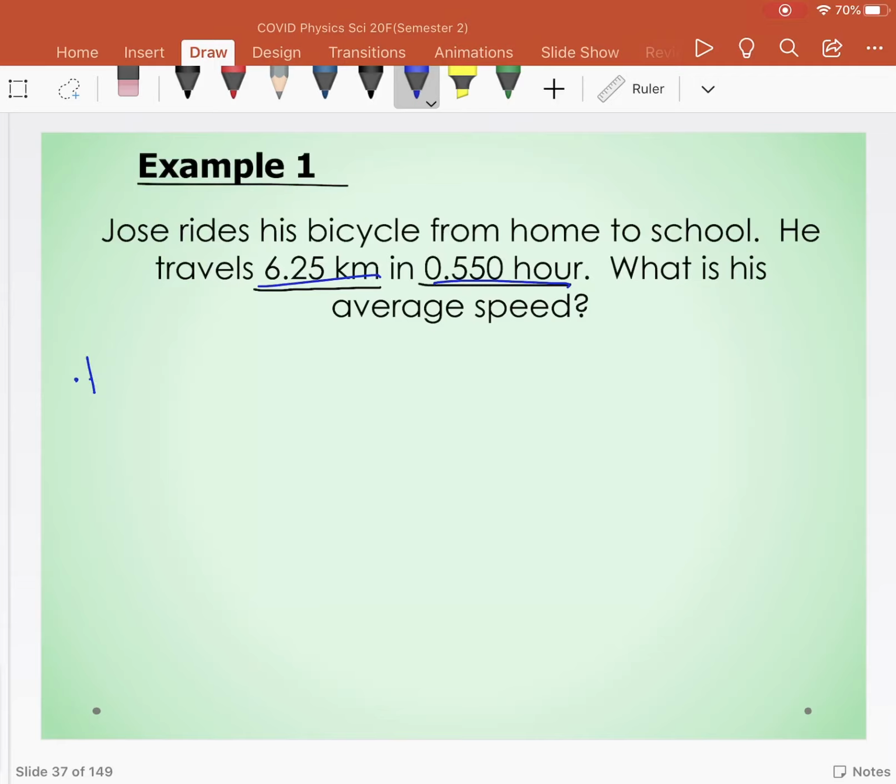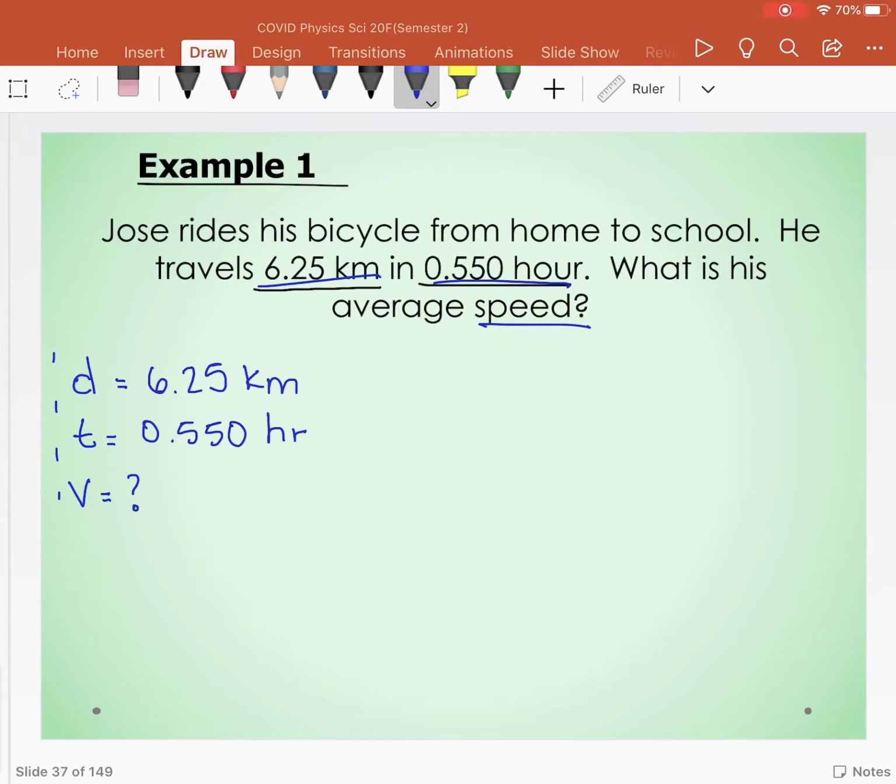So he travels 6.25 kilometers. I'm going to write that down on my left-hand side, that is distance. We now know time is 0.55 hours. It helps to get used to the symbols and units. We're solving for speed, so I'll just leave that as V equals unknown.